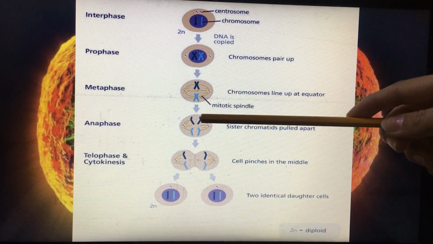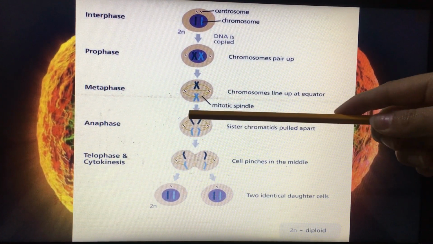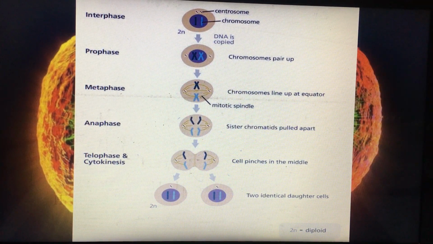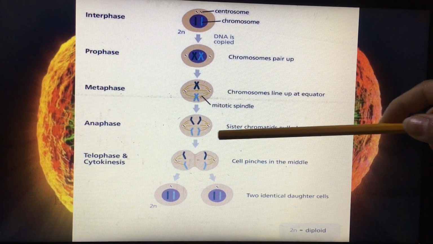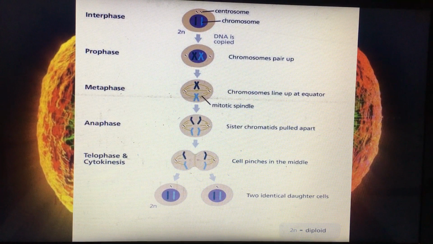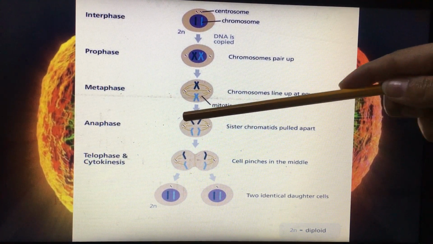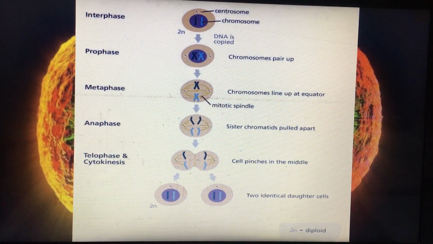This chromatid moves to this end of the cell, and the second chromatid moves to the other end. Also for the second chromosome, the first chromatid goes to this end and the second chromatid to the other side. So when the centromere divides, the chromatids move to opposite ends of the cell.